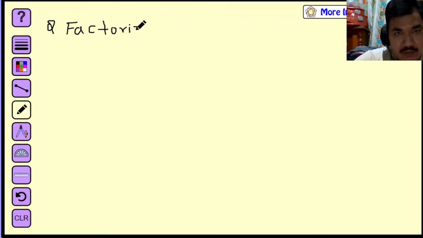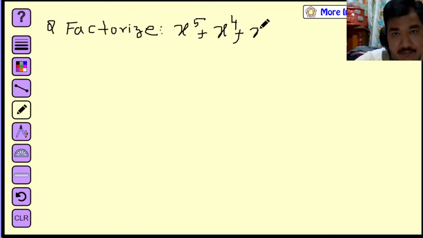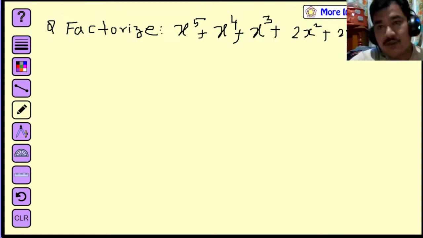Factorize x to the power 5 plus x to the power 4 plus x cube plus 2x square plus 2x plus 2.